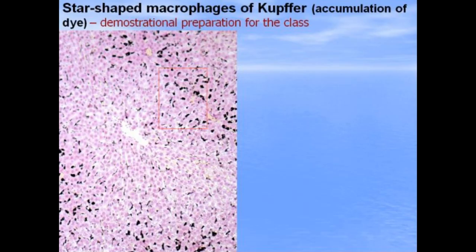You can see Kupffer cells if you inject, for example, black dye into the blood circulation.